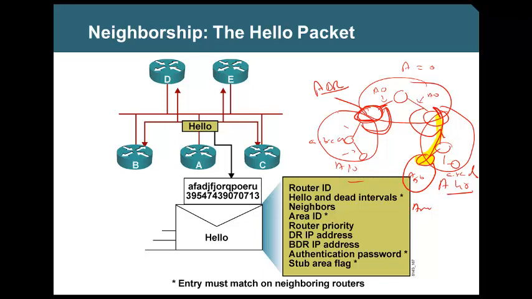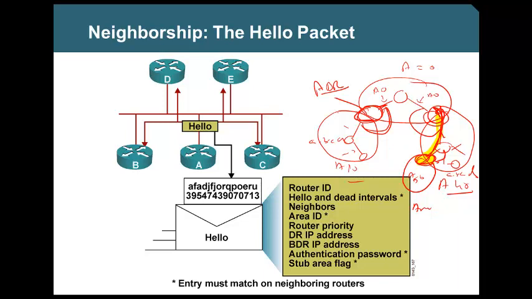No, no. Neighborship will form between 50 and area 0, not with this route. Neighborship will not be formed with the area 40 route. This physical wire that you connect, this end is also area 40, this end is also area 40.